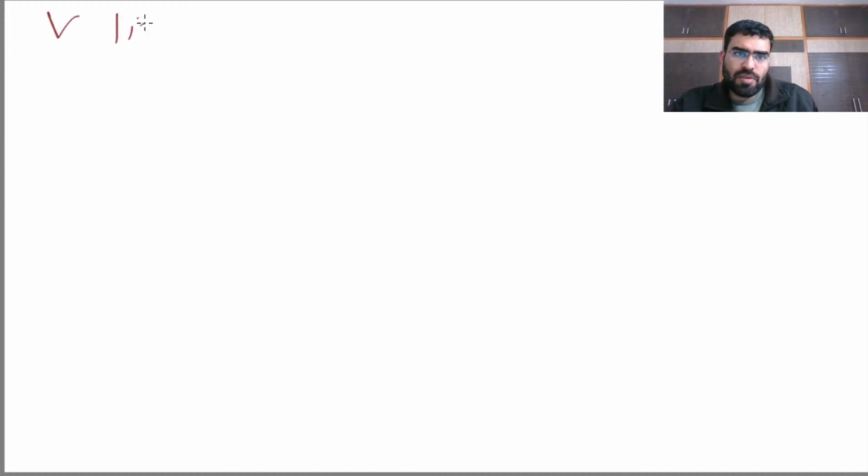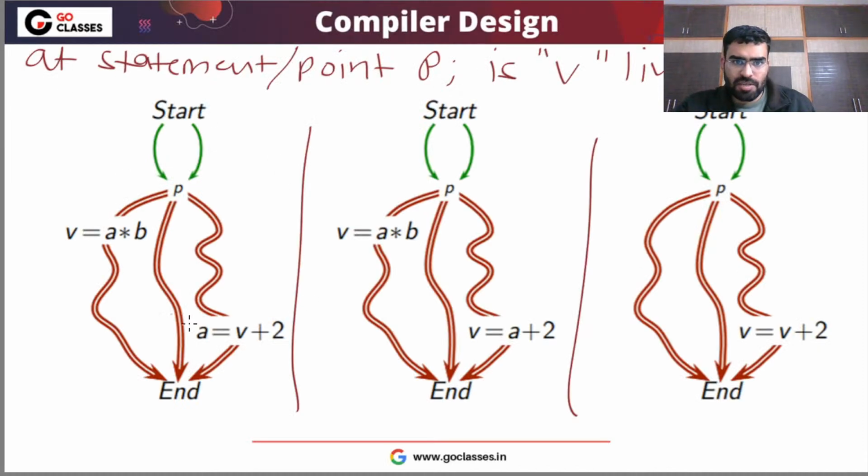What do we mean by v is live? For example, tell me in which diagram, at program point p, v is live: in program p1, p2, or p3?